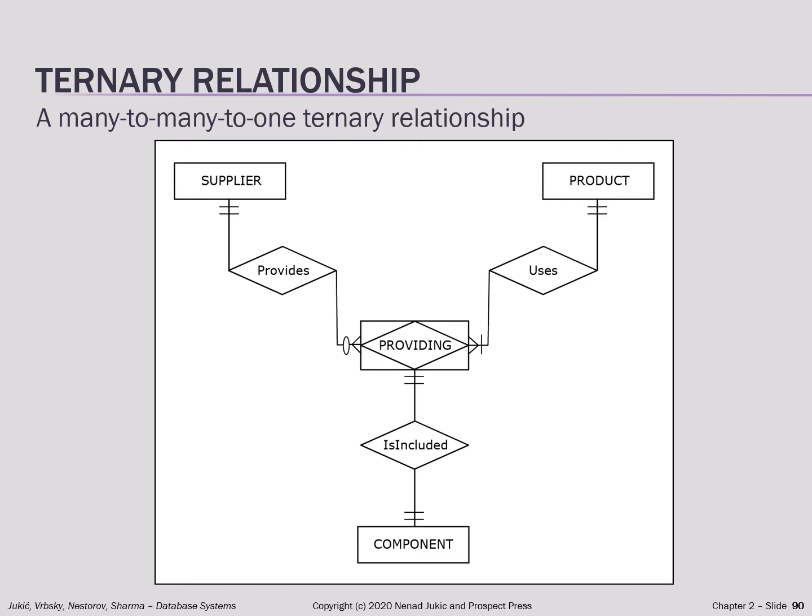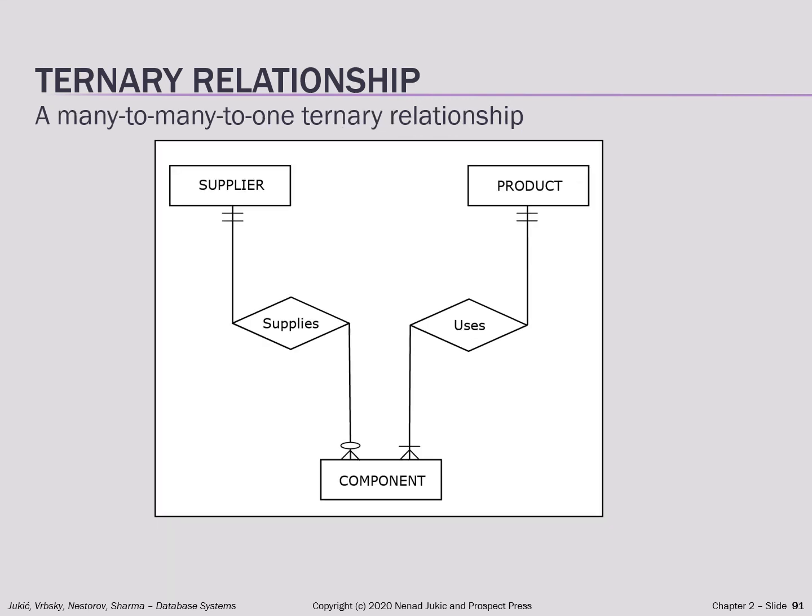Well, if that is the case, then we don't need a ternary relationship. We can replace the ternary relationship with two one-to-many relationships. Remember, each component belongs to exactly one product and exactly one supplier. It's custom made by one supplier for one product. So if we wanted to find out any relationship between a supplier and a product, we can simply go through component.